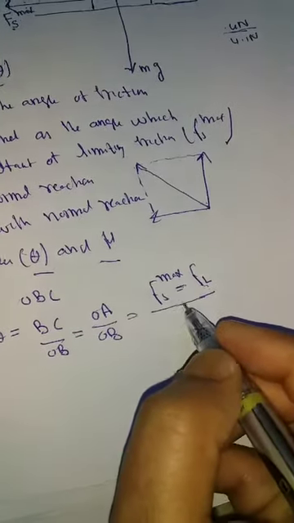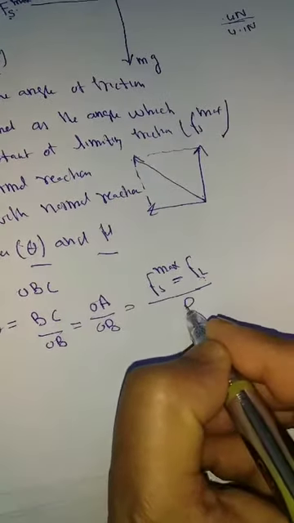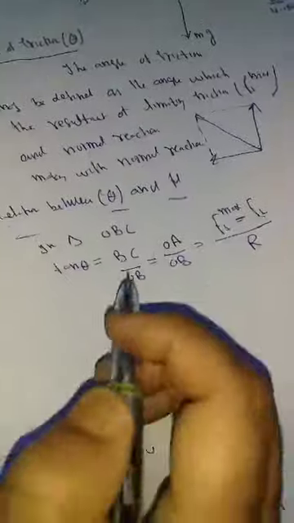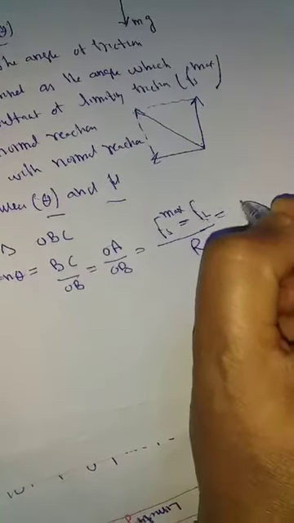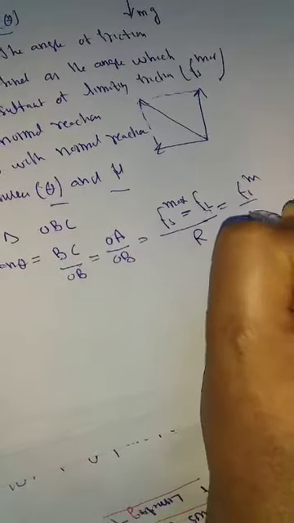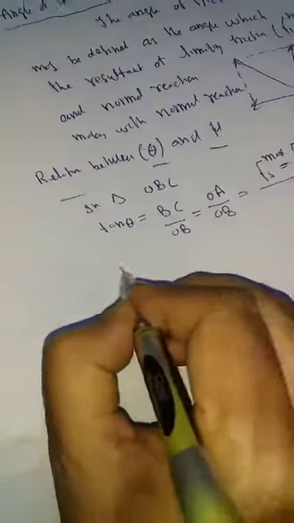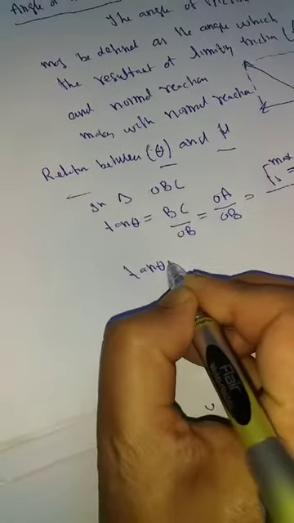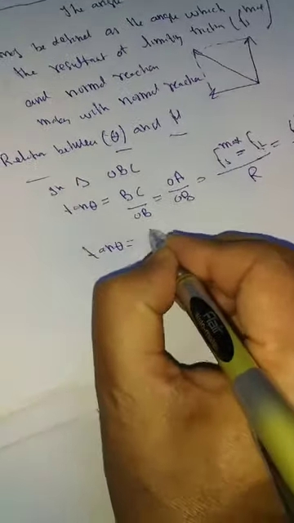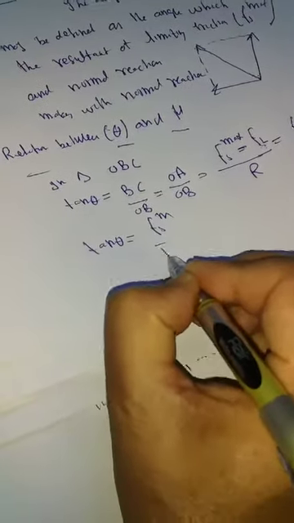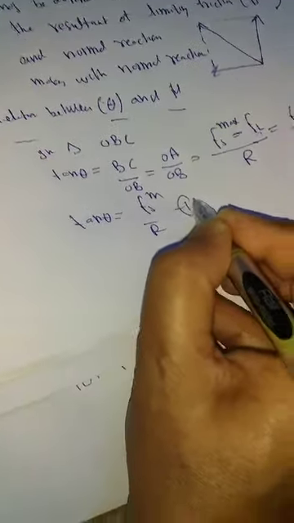What is OB? OB is the normal reaction. So you can write Fs max divided by R. That means tan theta is equal to Fs max divided by R. This is equation first.